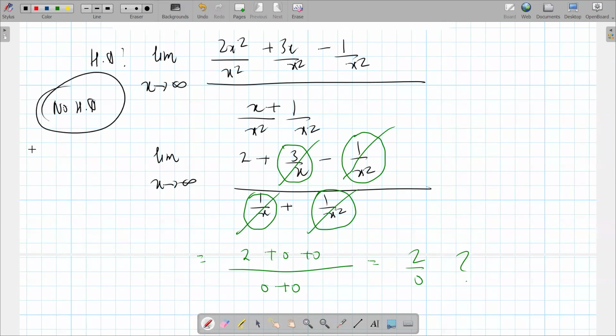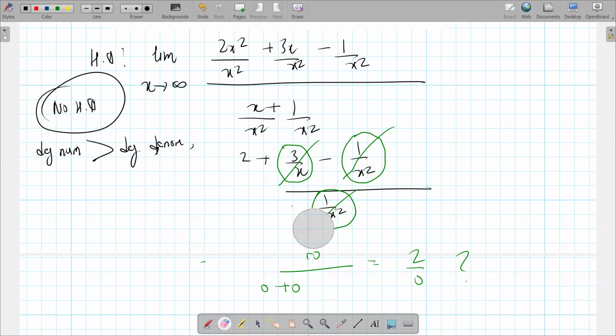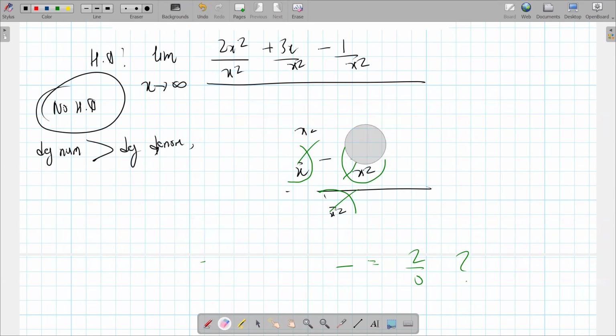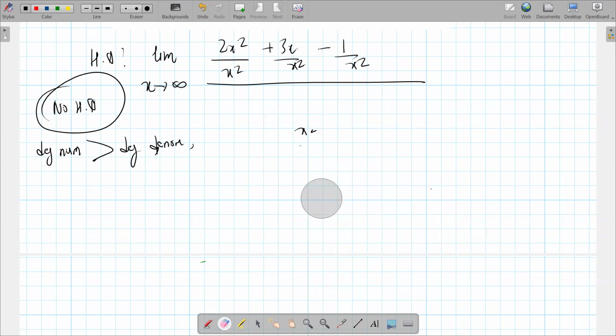And that's the last case. If the degree in the numerator is bigger than the degree in the denominator, then you don't have a horizontal asymptote. Instead, we have something called an oblique asymptote.